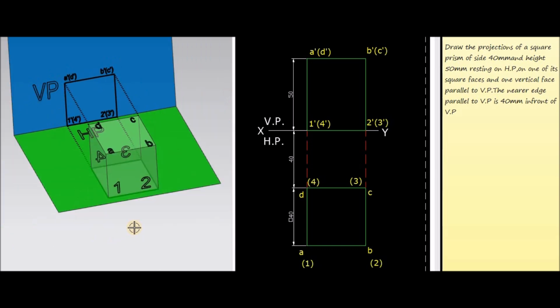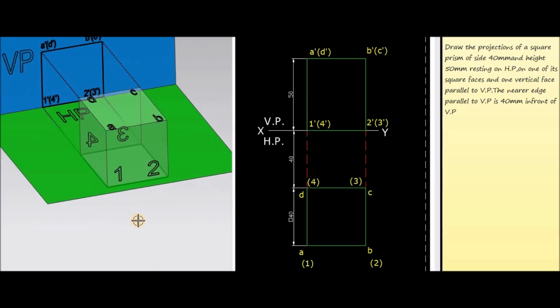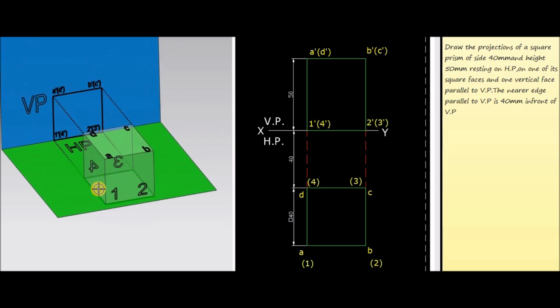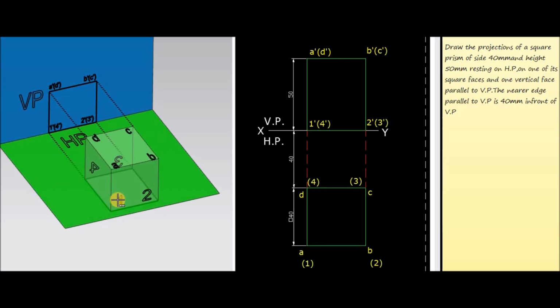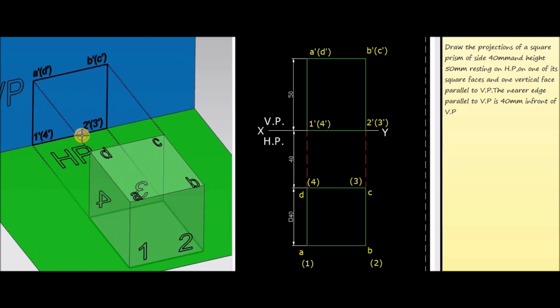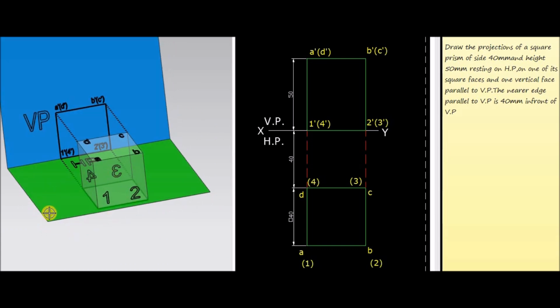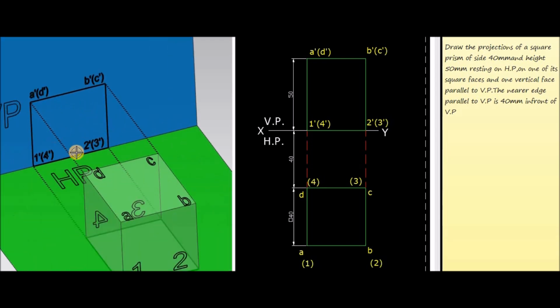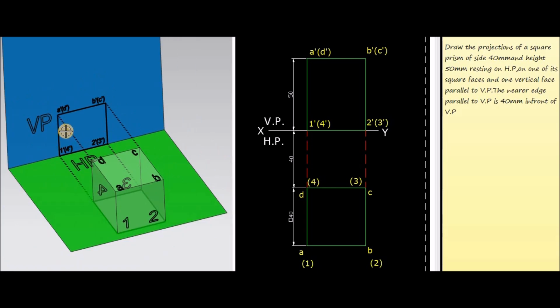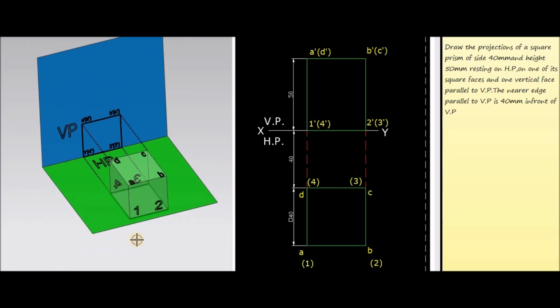Similarly, corresponding to the bottom corners 1, 2, 3 and 4, the points visible from the front side are corners 1 and 2, so they are represented by 1 dash, 2 dash, and the back points 3 and 4 are not visible from the front side, so they are represented inside the brackets, 3 dash and 4 dash. So this is the front view of the square prism.